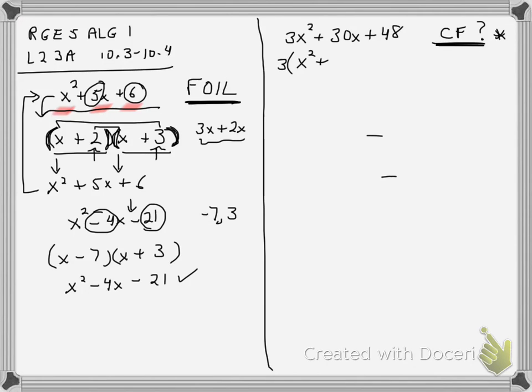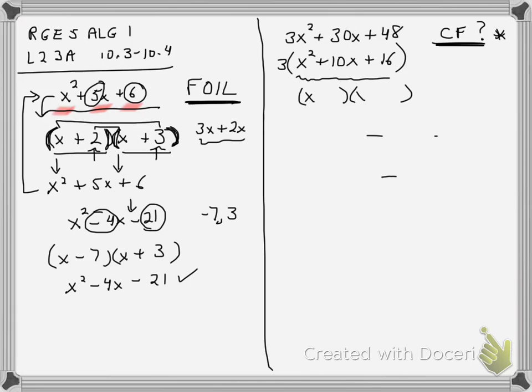So 3 into 30 is 10x, and 3 into 48 is 16. Now I ask myself, can I divide or factor this again? Meaning, I can't factor the 3 again, but maybe I could factor that again into two binomials. Well, let's see.